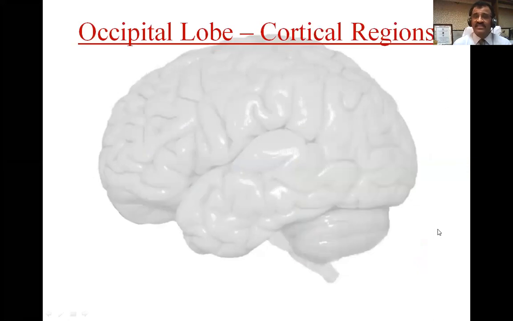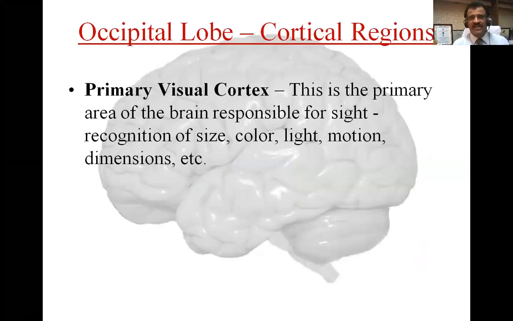And what cortical regions we get on the occipital lobe, that we'll see through this slide. There is a primary visual cortex. This is the primary area of the brain responsible for sight. That means recognition of size, color, light, motion, dimensions, etc. Right now you are using that area, this cortex, for the purpose of this study.